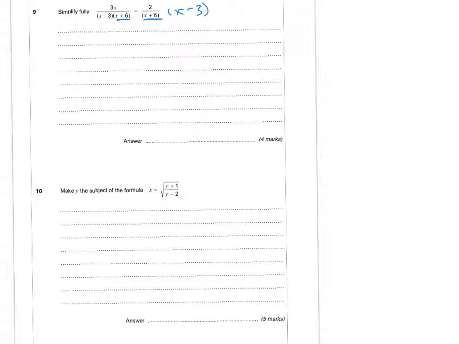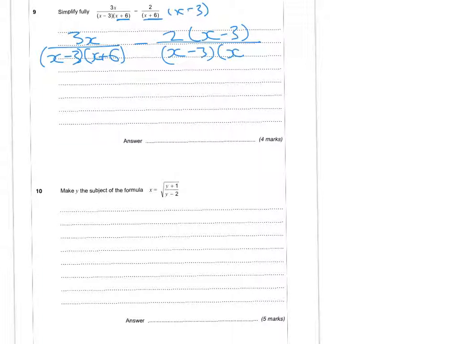So I get 3x over x minus 3, x plus 6, minus 2 times x minus 3, over x minus 3, x plus 6.